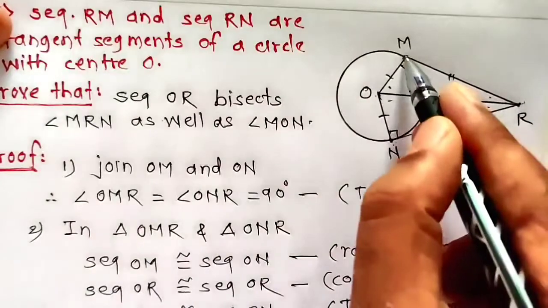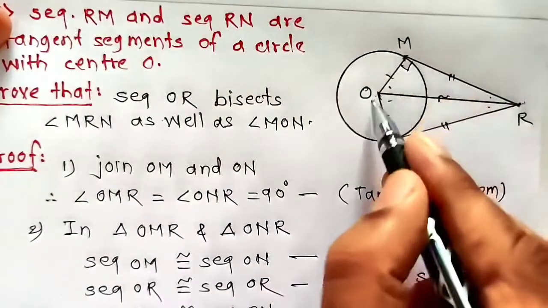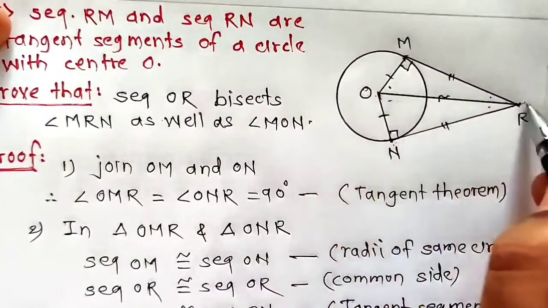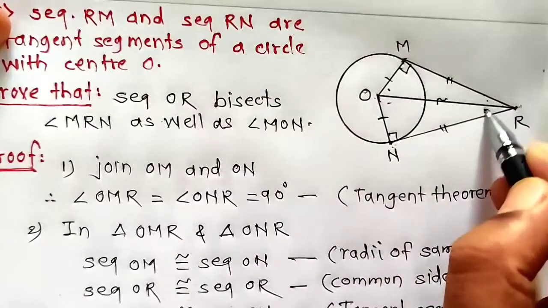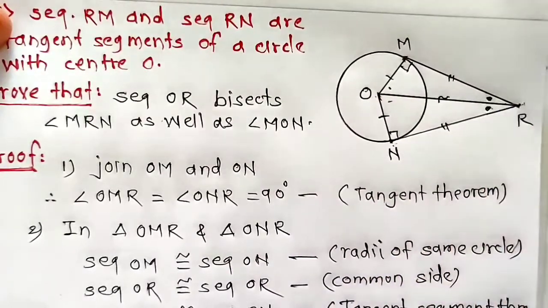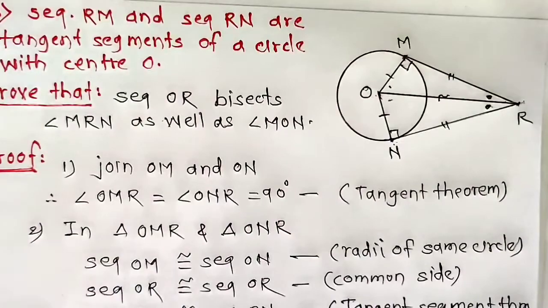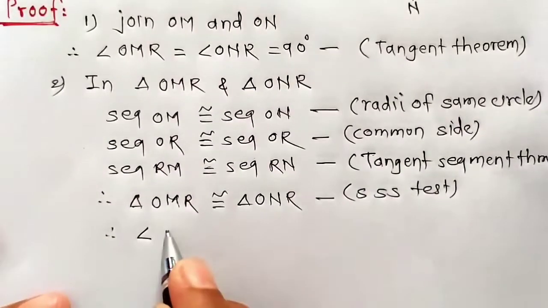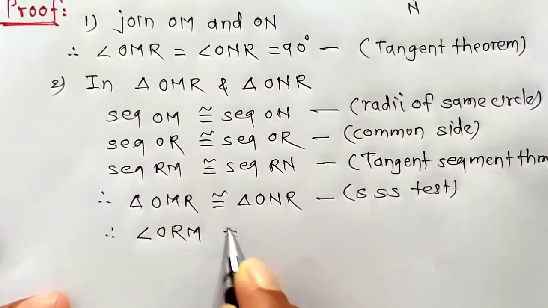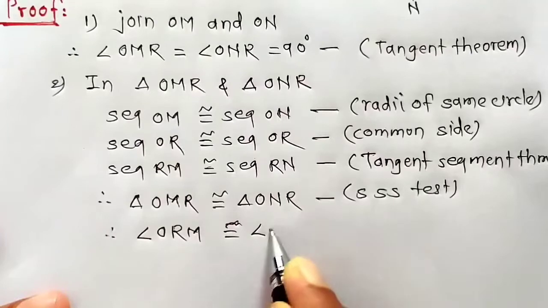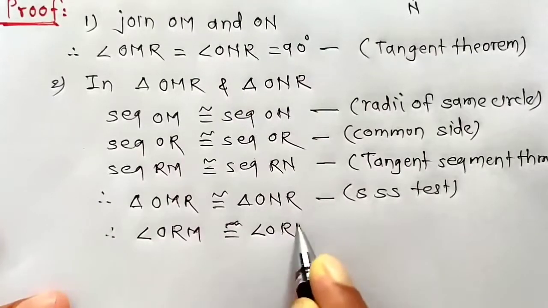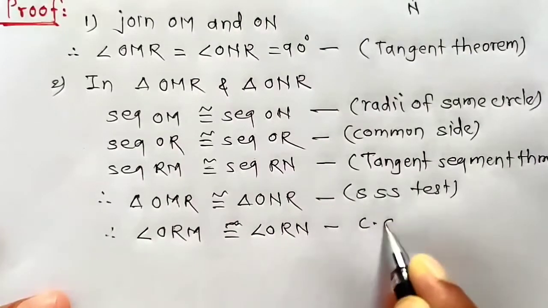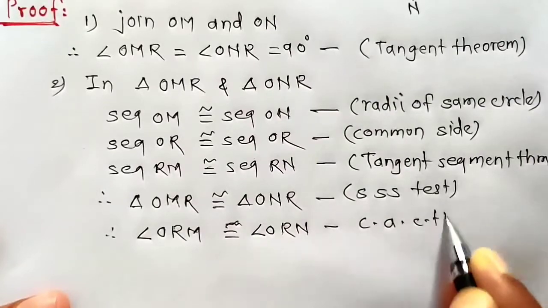This angle ORM and ORN, these are congruent. Corresponding angles, therefore angle ORM is congruent to angle ORN, corresponding angles of congruent triangles.